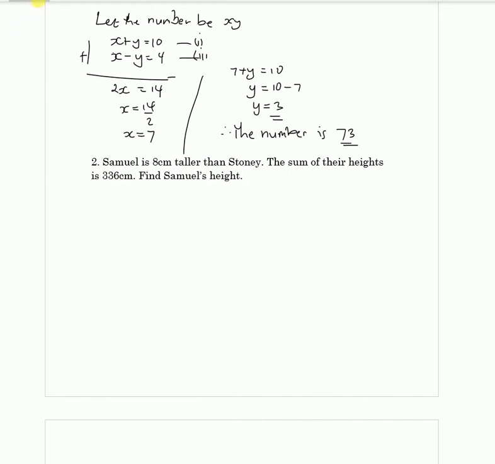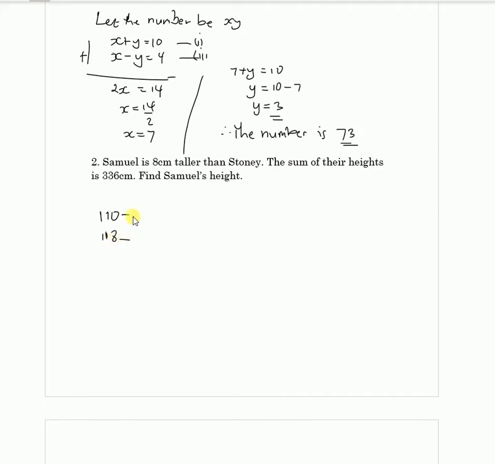So this is example 2. Samuel is 8 centimeters taller than Stoney. If one is 110 and the other is 118, it means that this one is 8 centimeters taller than that one.